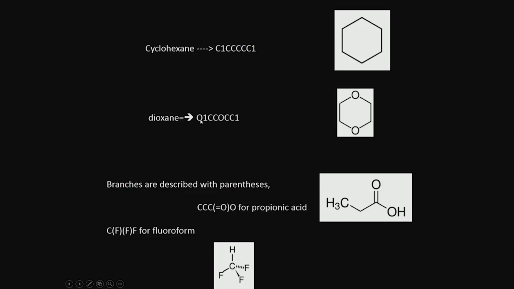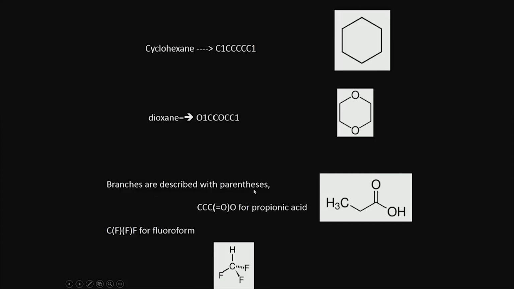Dioxane: I have O1CCOCCO1, so this one and this one are connected, this O comes in the middle. It has got 4 carbons, that is why you have 1, 2, 3, 4, and 2 oxygens.